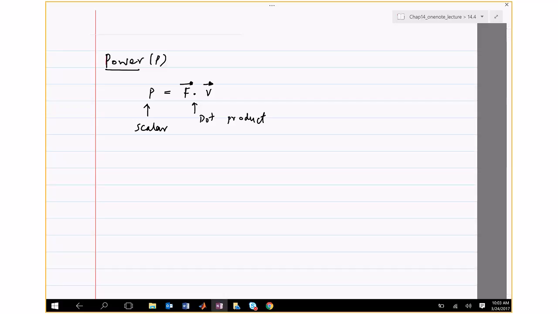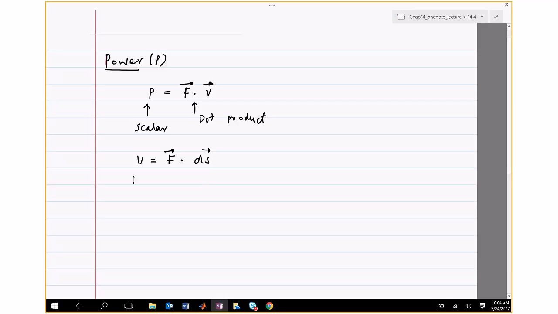It really comes from the work done. Work done is F dot ds. This is something which we did last time, right? If you take the time derivative of the work done, you get power.